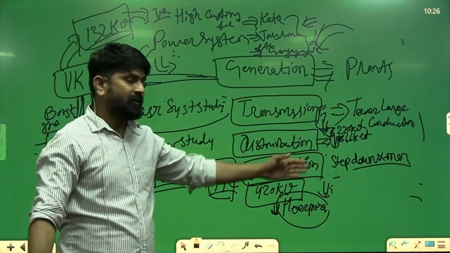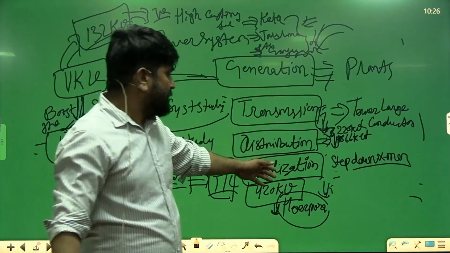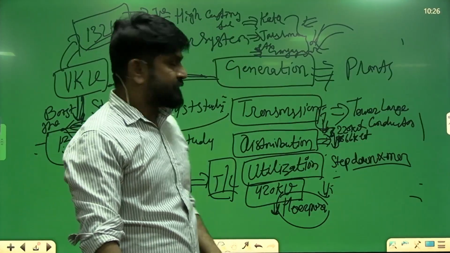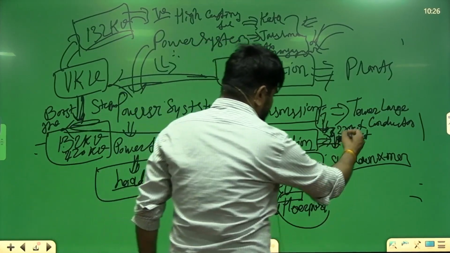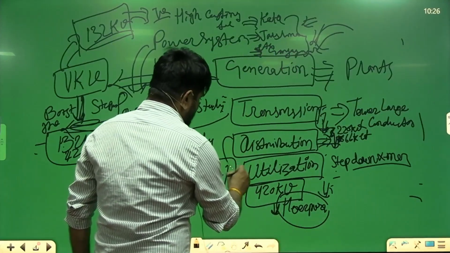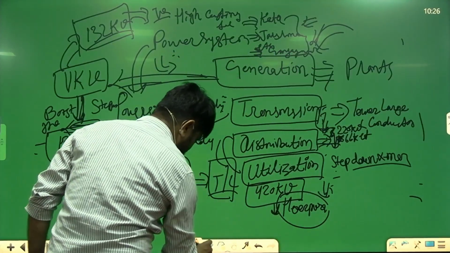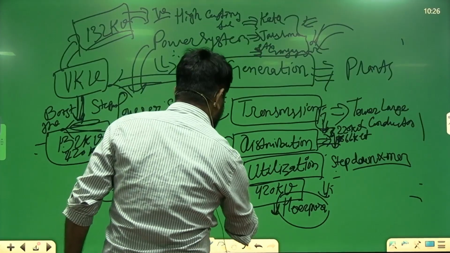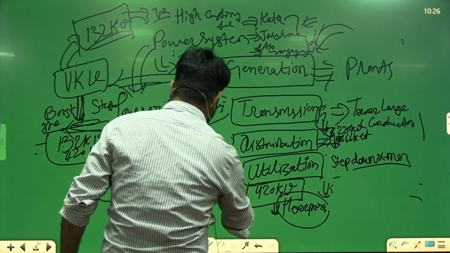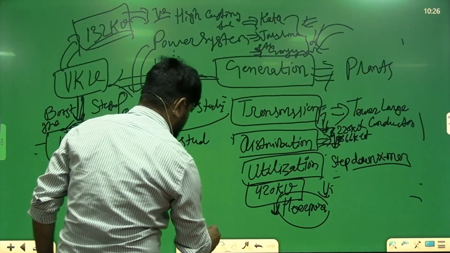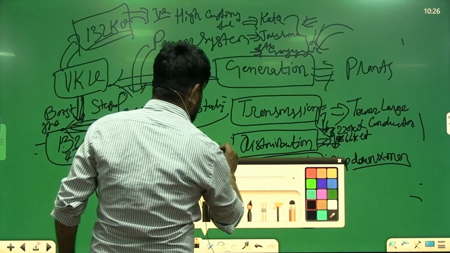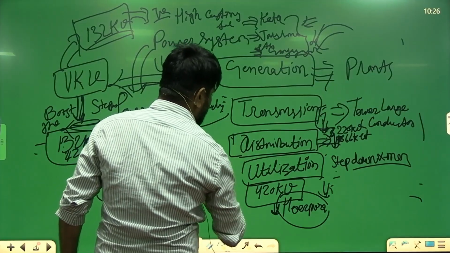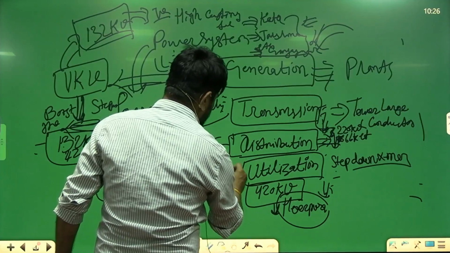The transformer reduces voltage for supplying to utilizers. Then we step down, and again we use this for utilization.